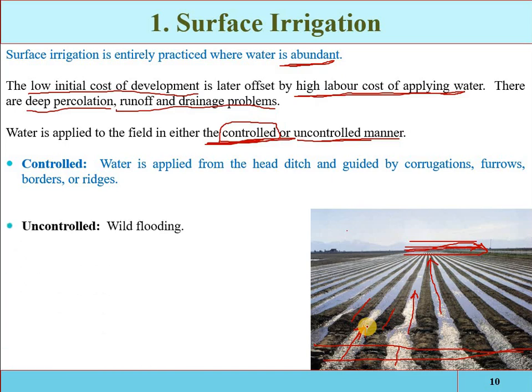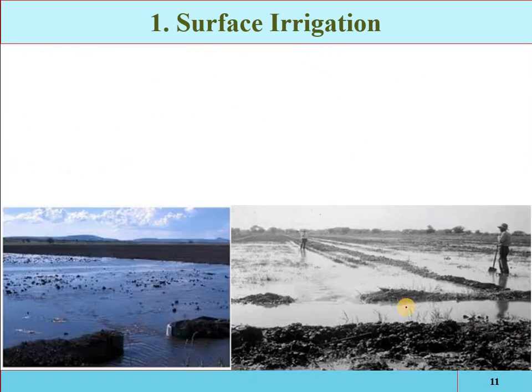Uncontrolled irrigation or wild flooding means that no such bunds or levees are constructed, and the water flowing in a field is not guided. Here you can see that this one is wild flooding, uncontrolled flooding. If this is the main field canal, the water is introduced at the upper end of the field.